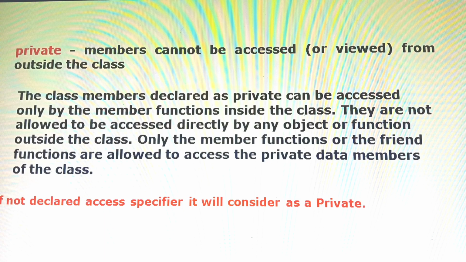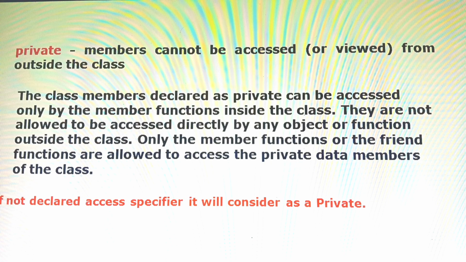The class members declared as private can be accessed only by the member functions inside the class. They are not allowed to be accessed directly by any object or functions outside the class. Only the member functions or the friend functions are allowed to access the private data members of the class.